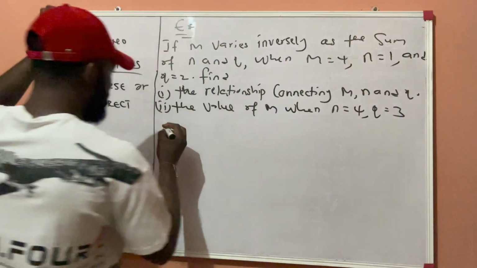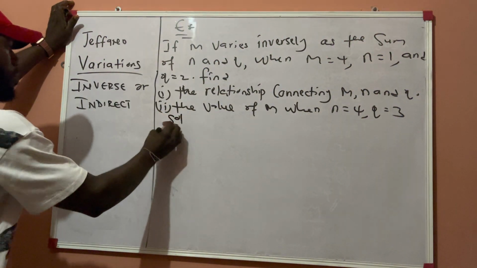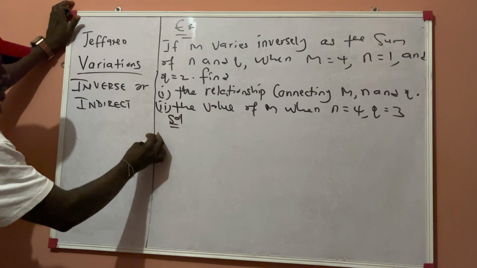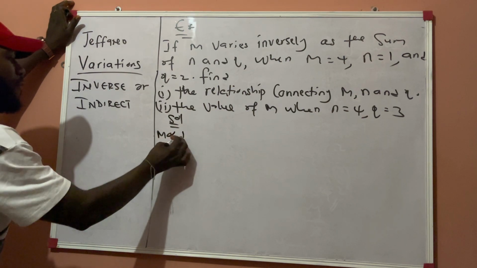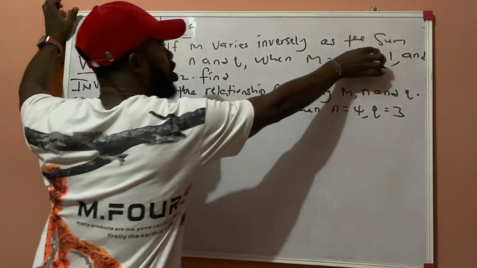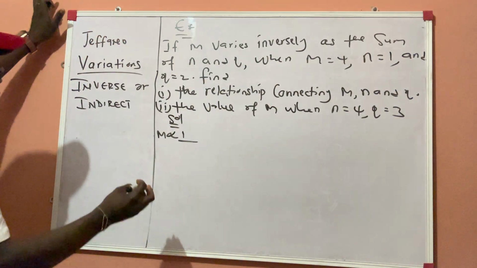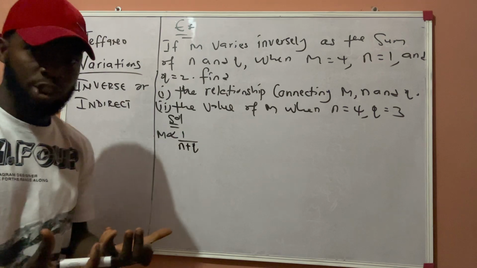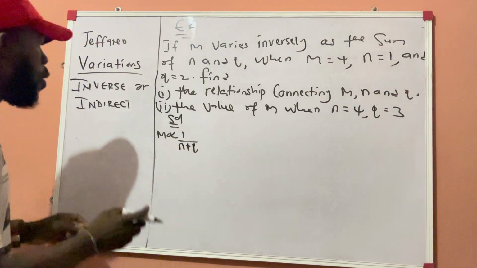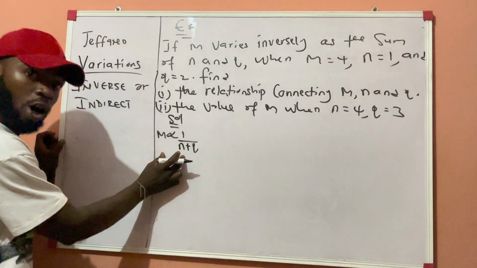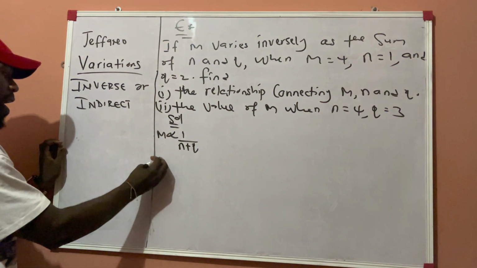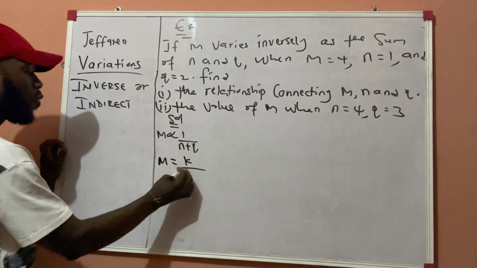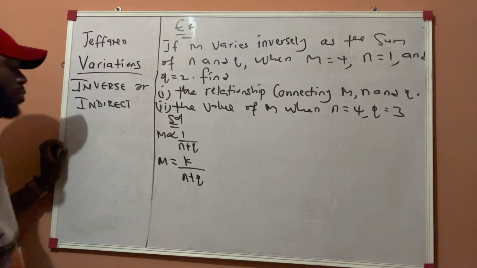Now, solving this math, we have m varies inversely as the sum of n and q, which simply means n plus q. Sum is addition. Now, when we introduce our constant, it becomes m is equal to k over n plus q.